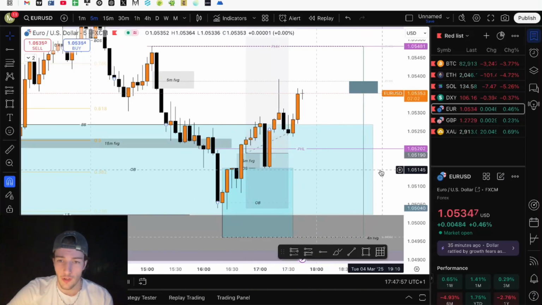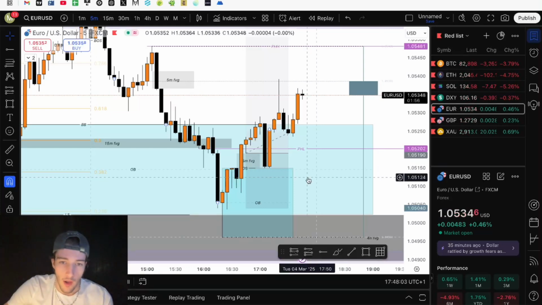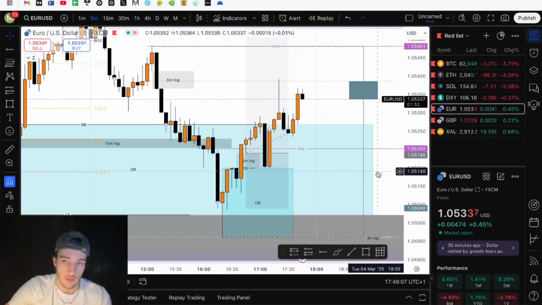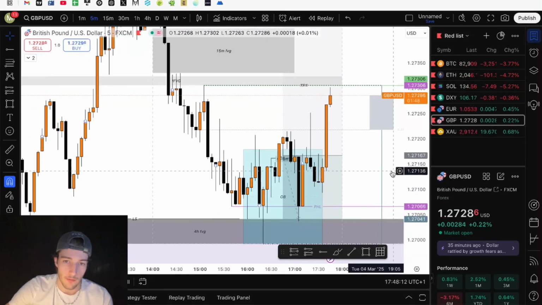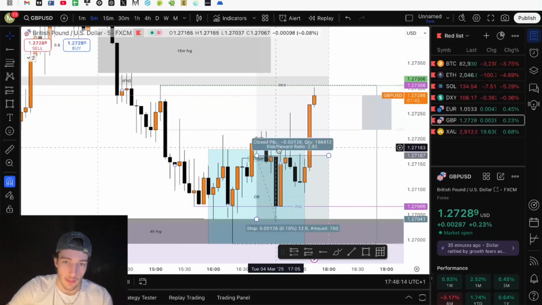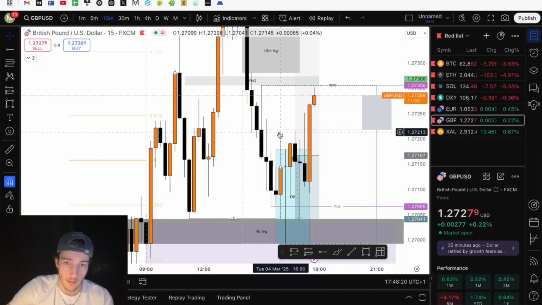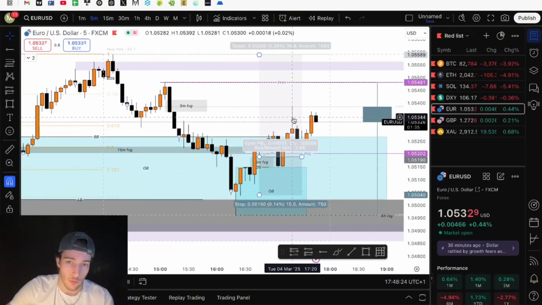What I don't really know, and I'm curious whether you guys can answer this question, is why did we not do as big of a retrace on euro as we did on GU? That's what makes me curious, because we were much closer to break structure here on the 15 minute on GU than on the dollar, and the risk to reward was better.